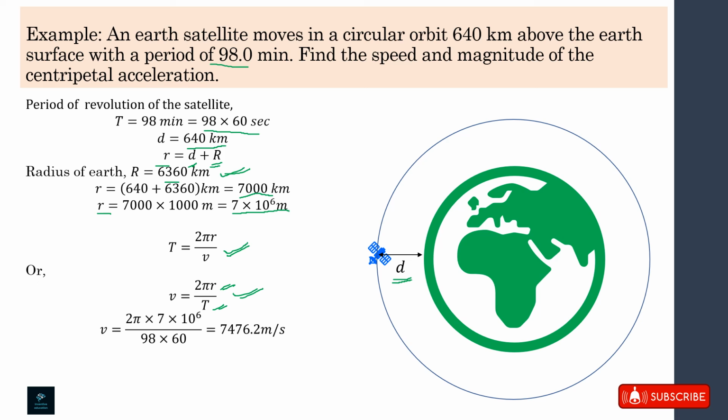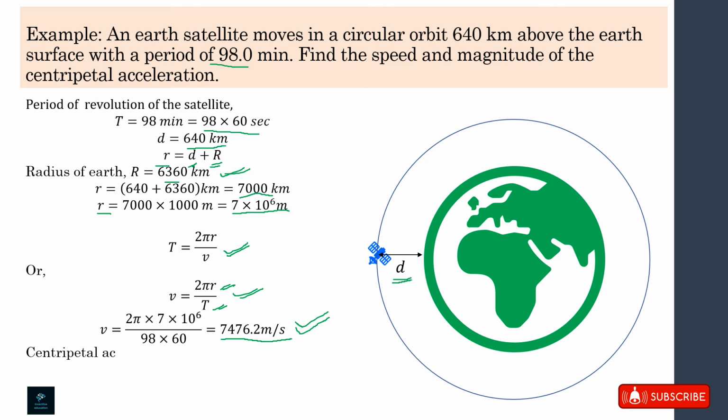And if we calculate it, we will find that v is equal to 7476.2 meters per second. Therefore, the speed of the satellite is equal to 7476.2 meters per second.